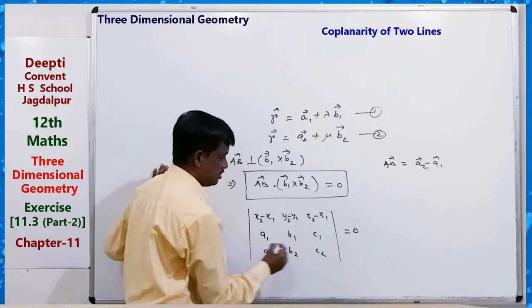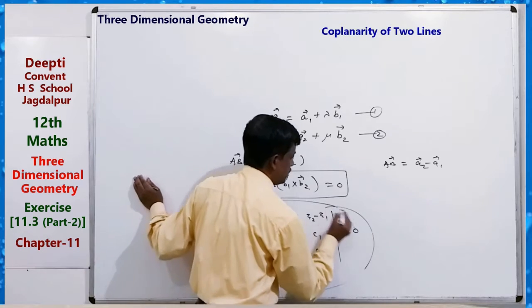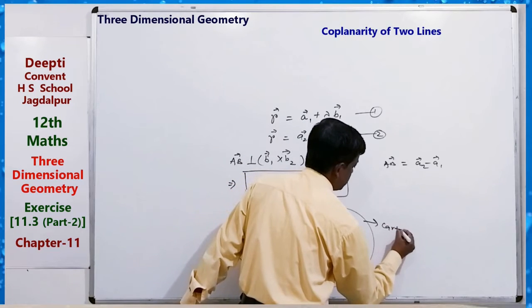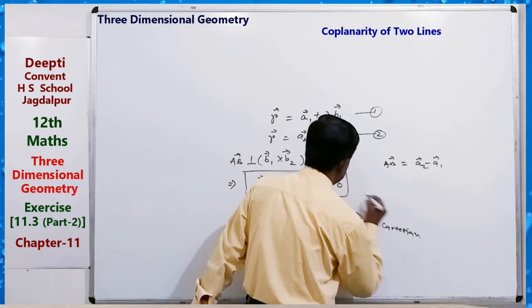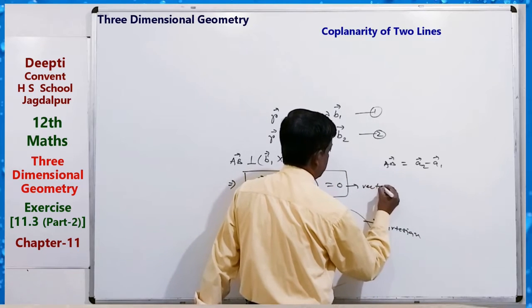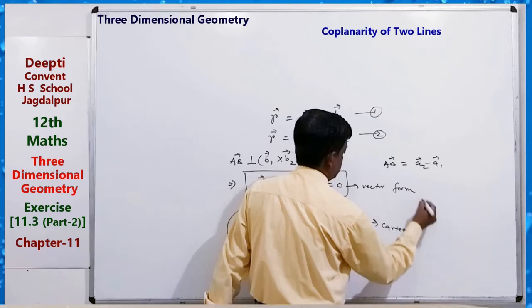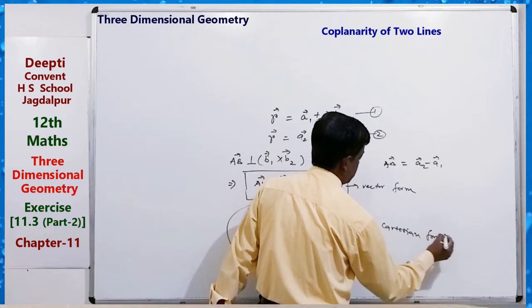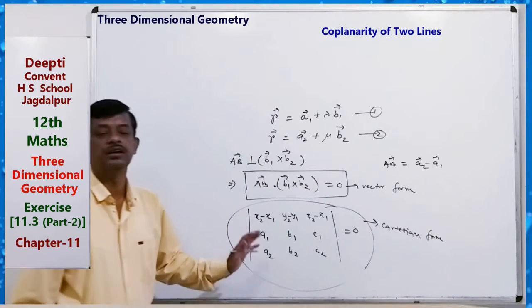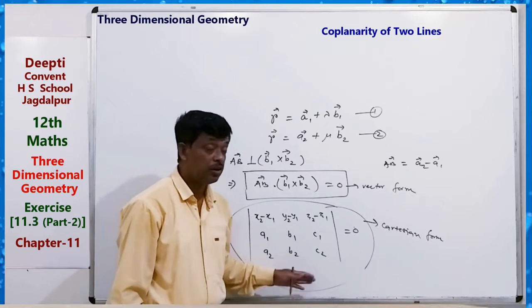This is the Cartesian form, and the earlier one is the vector form. This is the condition for coplanarity of these two lines.